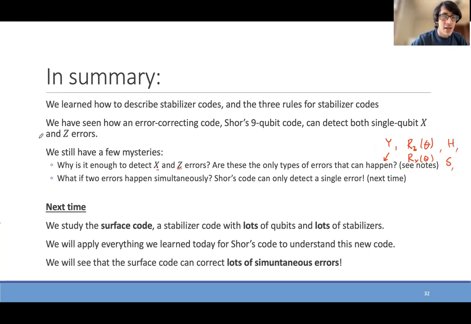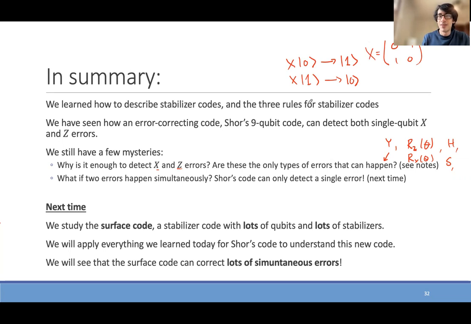Okay, and then finally a question: X, Y, and Z, these are the Pauli matrices? Yes. I define the X operator to be the thing that takes 0 to 1 and 1 to 0, but we can write this as a matrix. It's just 0, 1, 1, 0. And that's the Pauli matrix.